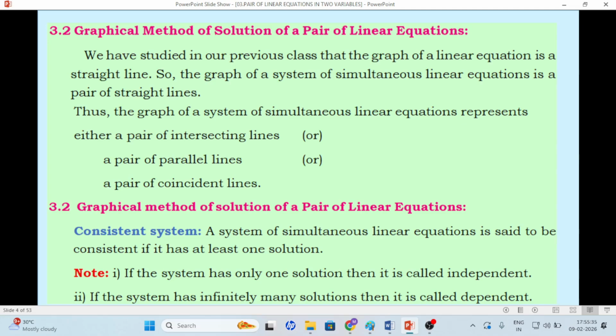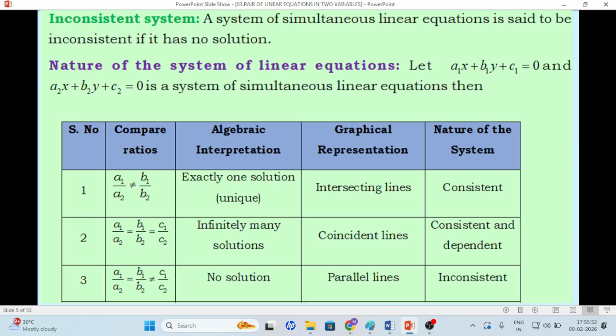If the system has only one solution, it is called independent, and many solutions is called dependent. This information is not discussed as per the new textbook. So, consistent system, inconsistent system.